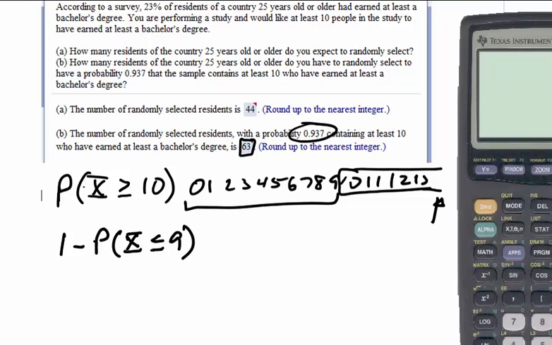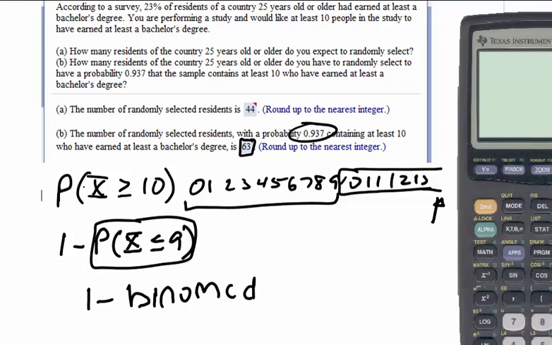Because my calculator and StatCrunch, as I recall, has a function that will give me this right here, the Binomcdf function, right? So if I do 1 minus Binomcdf, it sums up everything from 0 up to that number. If I know the n, this is actually what I don't know, right? The p, which is 0.23, and the x, which is this 9.